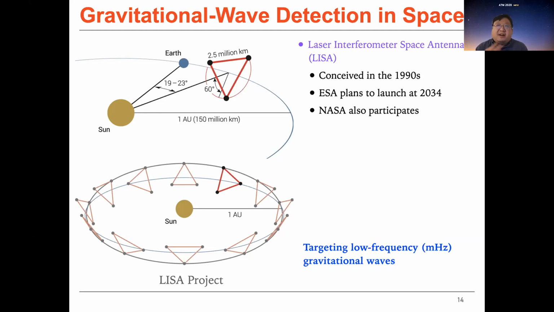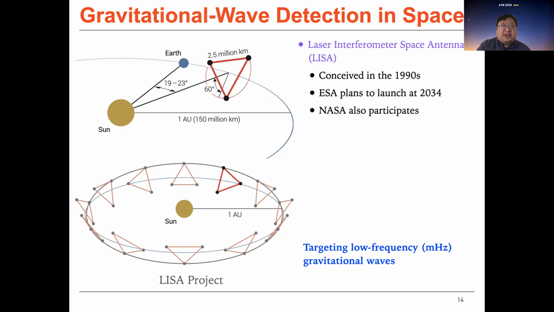These will target very low frequency gravitational waves emitted by supermassive black holes merging, or by smaller stellar mass black holes plunging into supermassive black holes. These projects were conceived in the 1990s, or maybe even earlier. The current plan by the European Space Agency is to launch the LISA project around 2034.